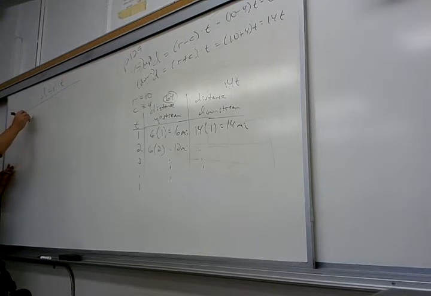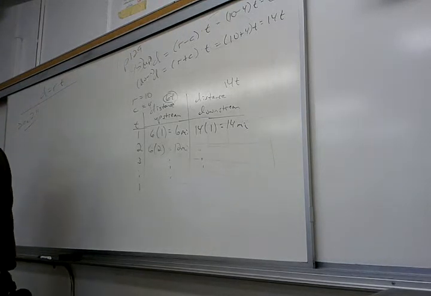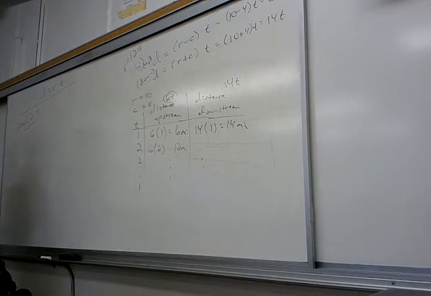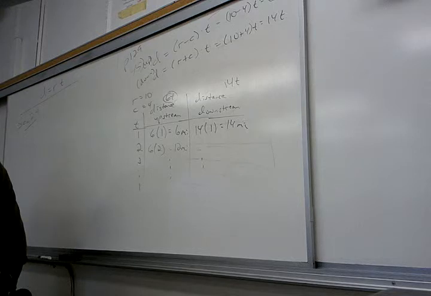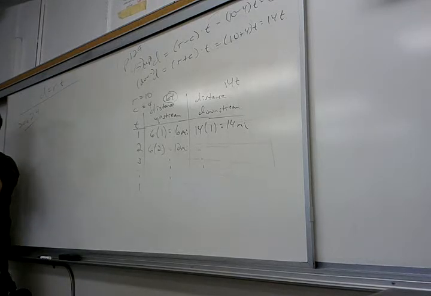I do want to do just a little bit out of the next section before I let you out of here. Because the next section really, if you understand how to solve equations, inequalities should not be that big of a deal at all.